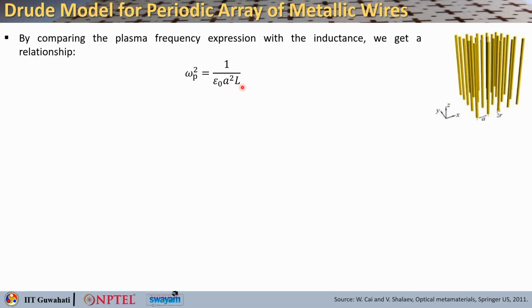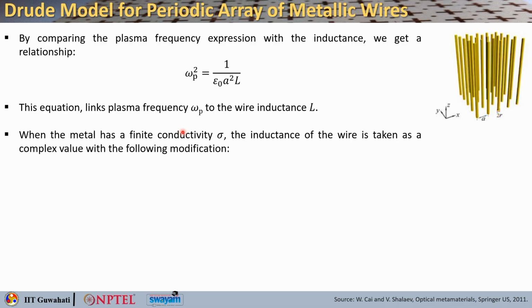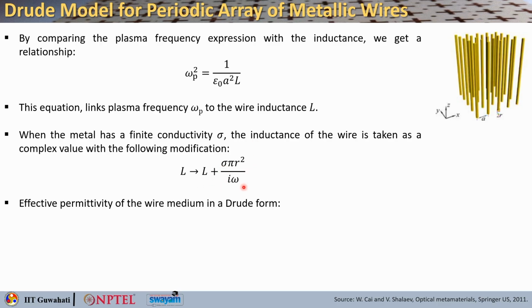Now, by comparing the plasma frequency expression with the inductance, you got this relationship that omega p squared can be related to the inductance as 1 by epsilon naught A squared L. Now, in this particular equation, you have a direct correlation between the wire inductance and the plasma frequency of this overall system. So, when the metal has a finite conductivity sigma, you can say that the inductance of the wire has got a complex value, and you can substitute L as L plus sigma pi r squared by i omega.